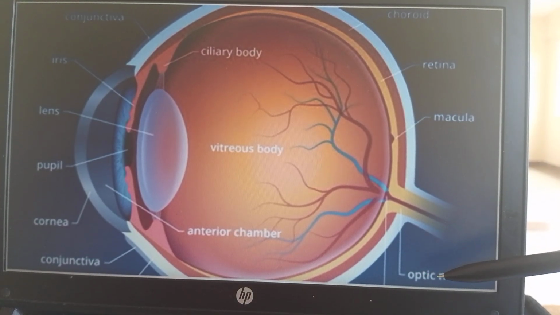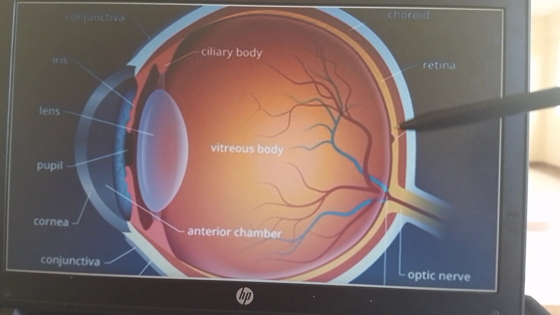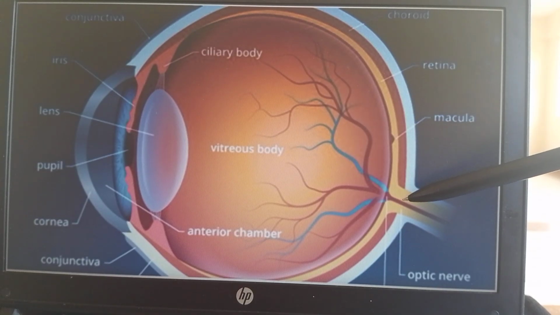Here is the optic nerve, and the function of the optic nerve is just to pick electrical signals from the retina and transmit it to the brain for interpretation and visualization.